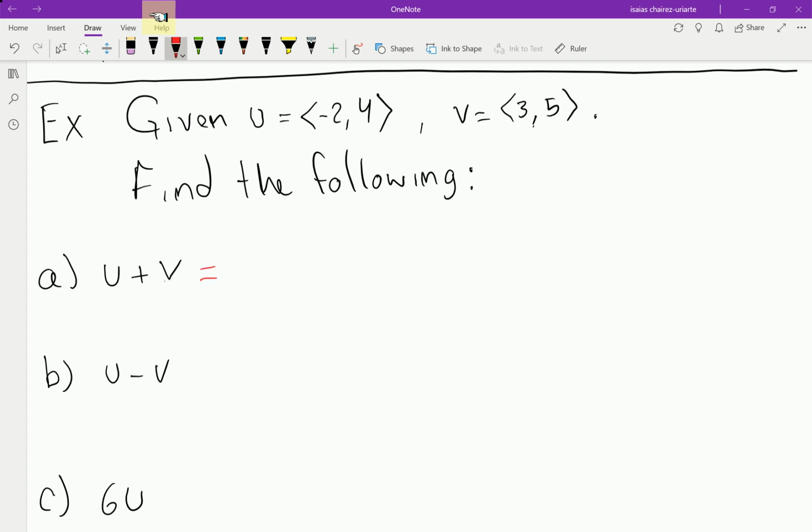All right, so for u plus v, it's just going to come down to adding the horizontal components of my vectors. So negative 2 plus 3, just be careful with your signs. And the vertical component of the resultant is going to be 4 plus 5. So that just comes down to 1, 9.